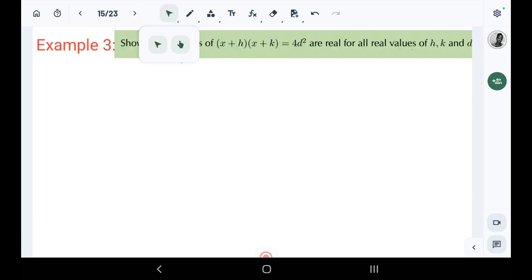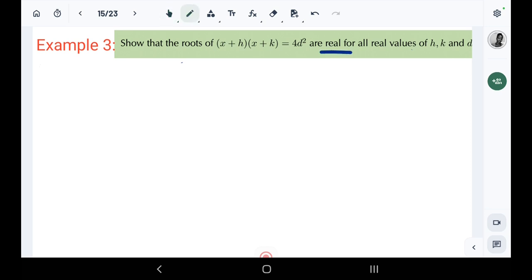Next question. Show that the roots of x plus h in bracket times x plus k equals 4d squared are real values for all real values of h, k, and d. When are roots real?